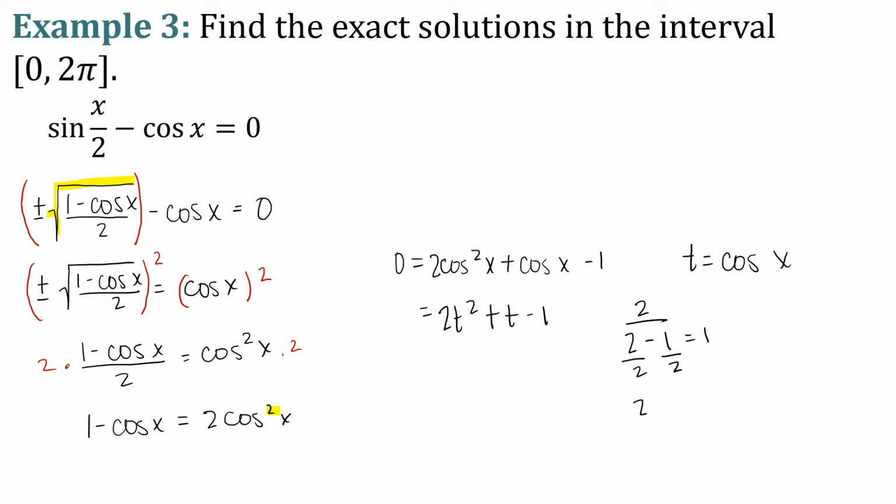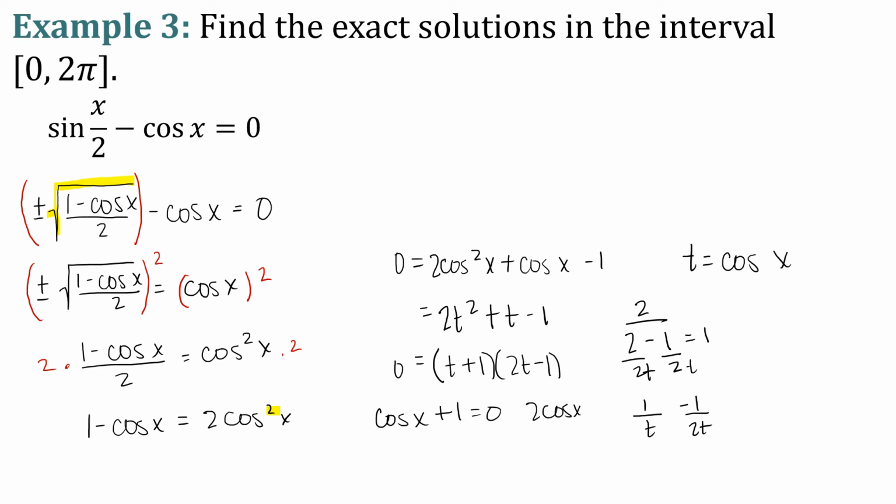So this is 1 over t, put both of them over 2t. So I have 1 over t, negative 1 over 2t. Bottoms up, I have t plus 1, 2t minus 1. That all equals 0. But t is cosine. So I have cosine of x plus 1 equals 0, and 2 cosine of x minus 1 equals 0. So cosine of x equals negative 1, and cosine of x equals 1/2.